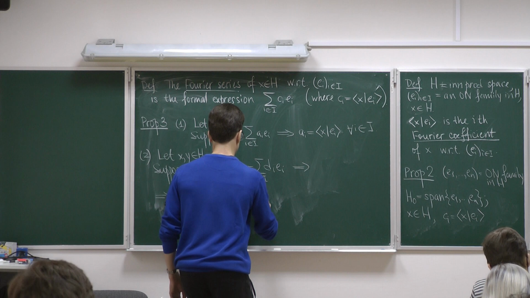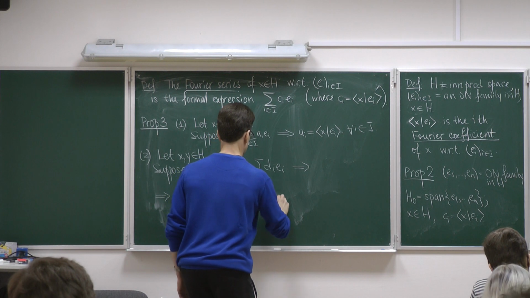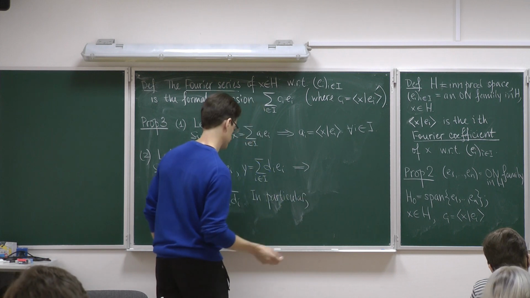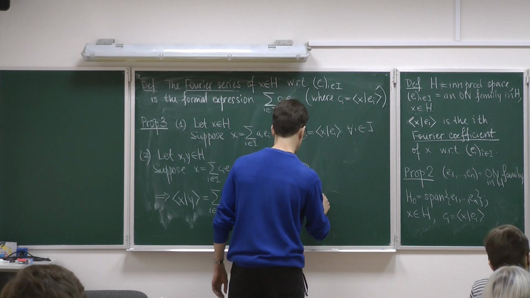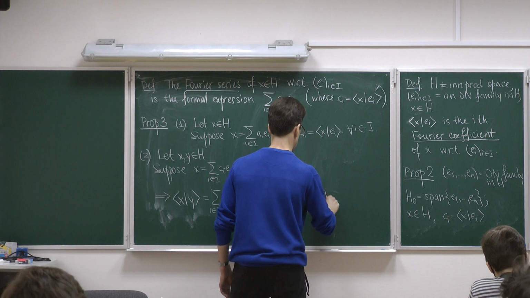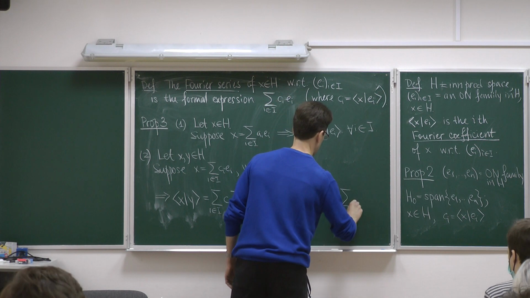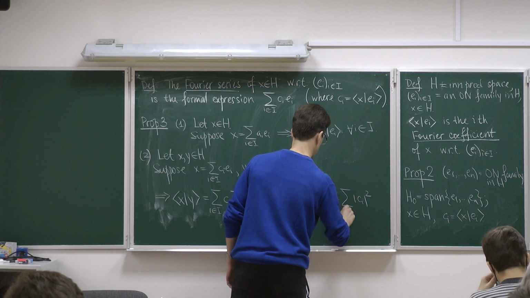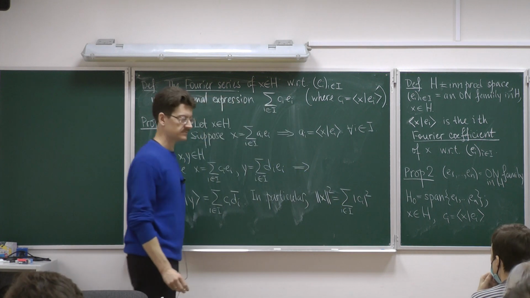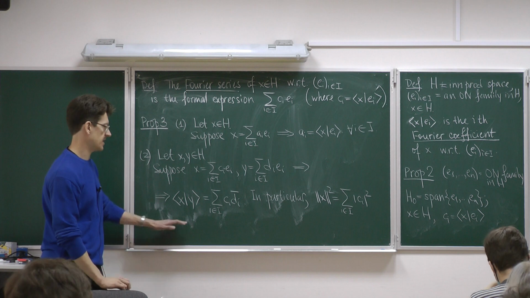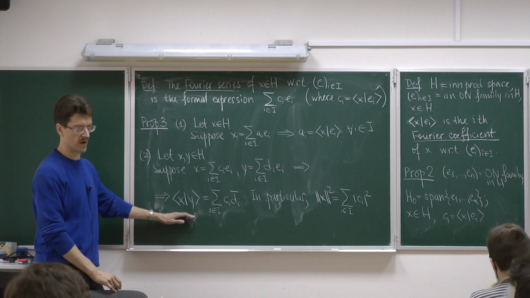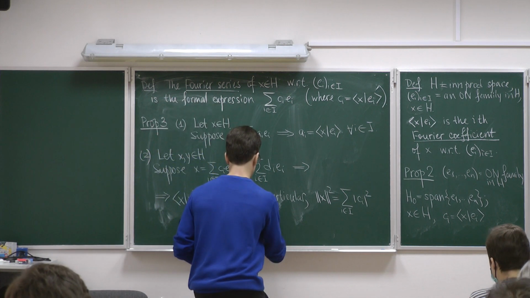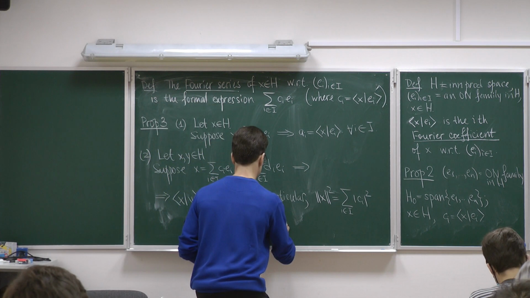And in particular, we have the following so-called Parseval's identity. So this is the special case of the previous formula in the case where y equals x. And this is the so-called Parseval's identity.